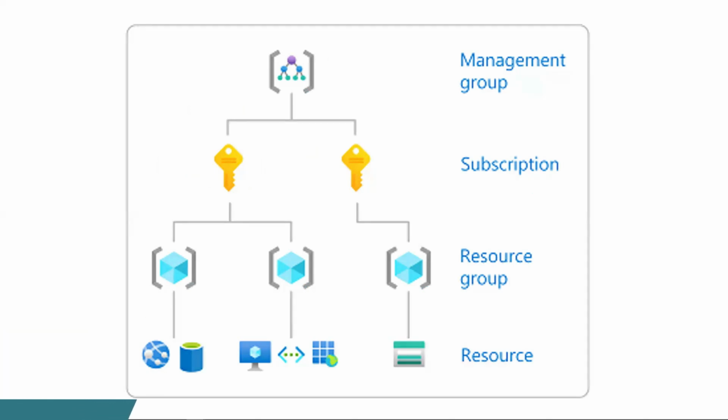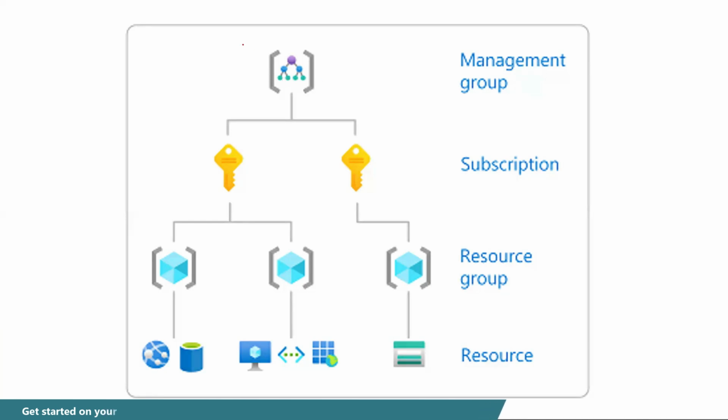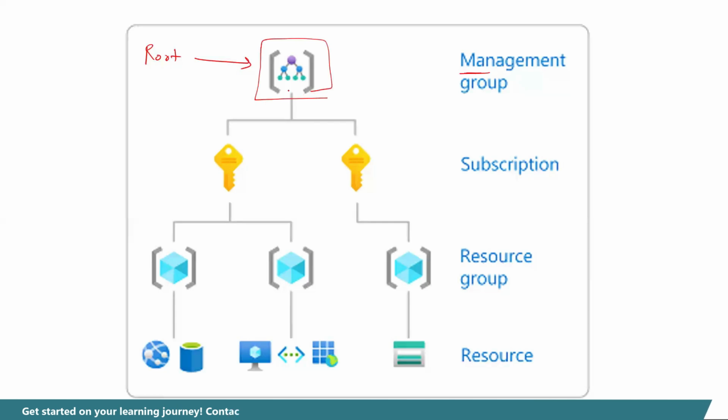So basically, when we talk about the Azure account, our account is organized in this way. If we see how our account is organized, we have above that a root management group. This symbol denotes a management group, and every one of us in our account has the root management group.